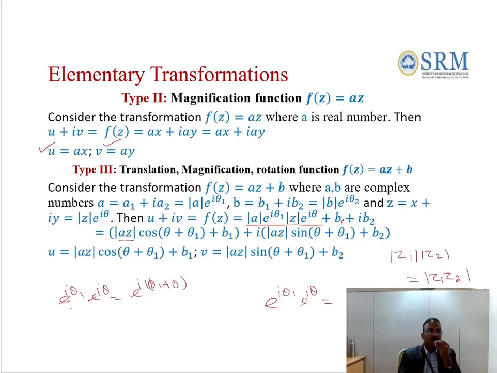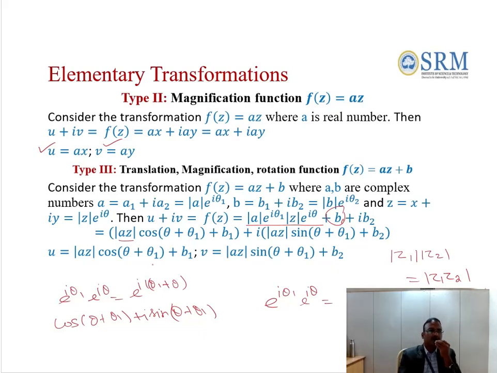But what is e^(iθ)? By using Euler's formula, it can be written as cos(θ + θ1) + i sin(θ + θ1). So we have written it like this: |az| cos(θ + θ1) + b1, because we have the constant b1 here, and then i times |az| sin(θ + θ1) + b2.